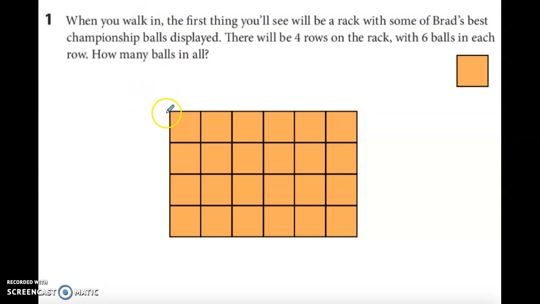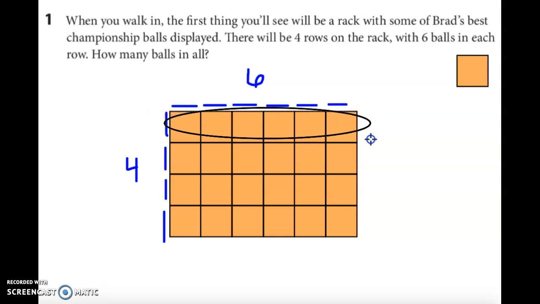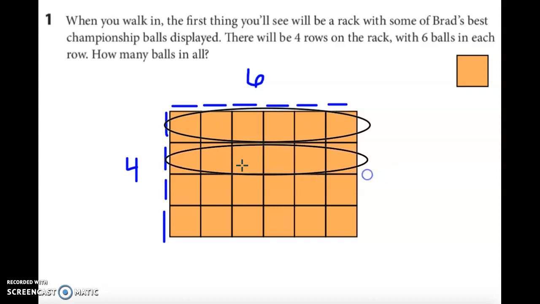So I've got 1, 2, 3, 4 rows by 1, 2, 3, 4, 5, 6, and 6 balls in each row. So in this particular one, each of these is a row of 6. There are 6 baseballs in each row.